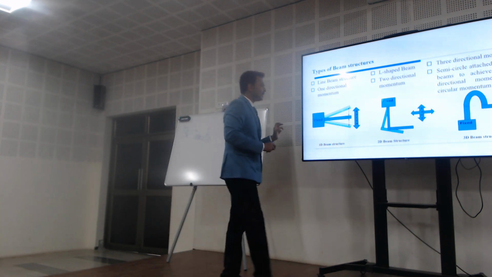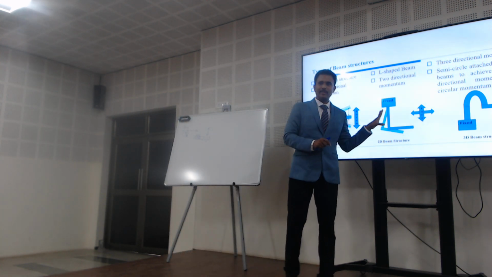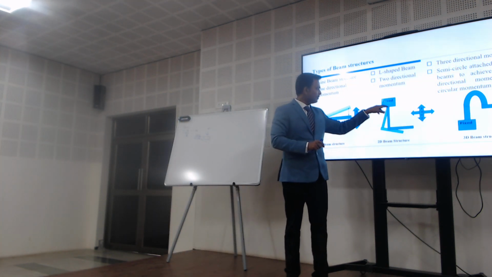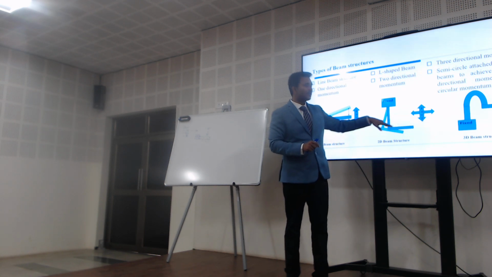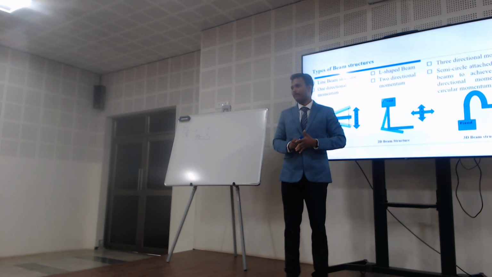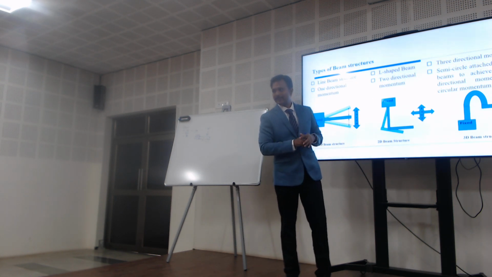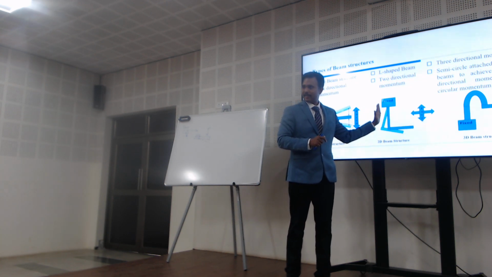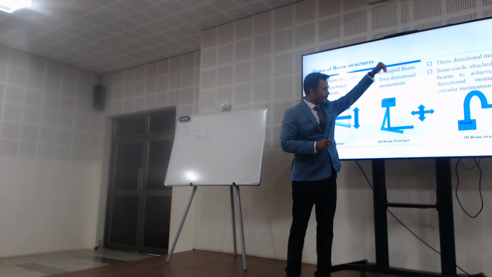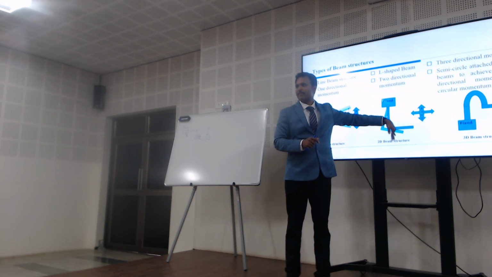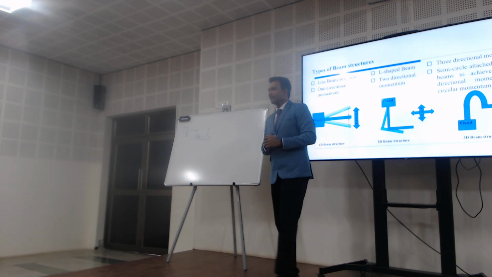Next, coming to the 2D nature. Two straight suspension beams are kept in an L shape. Whenever force comes in this direction, this part can bend.